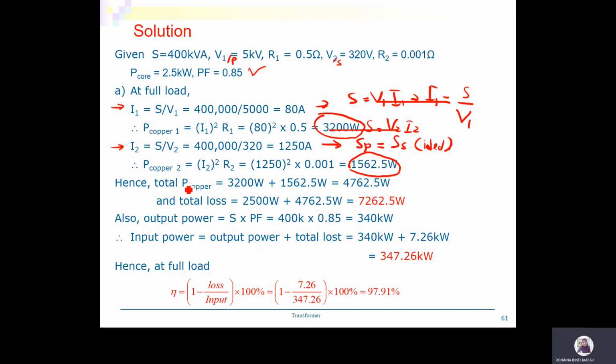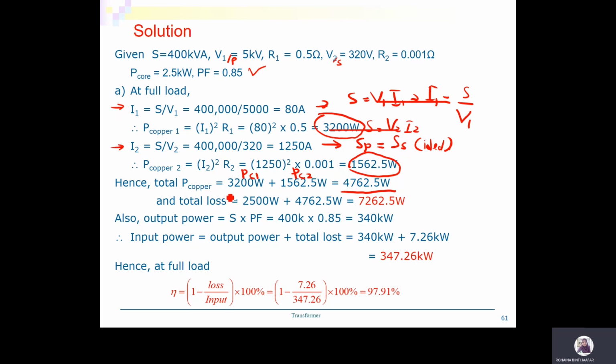So for the total copper losses, you have to add P copper at primary plus P copper at secondary. So you will get the total copper loss.